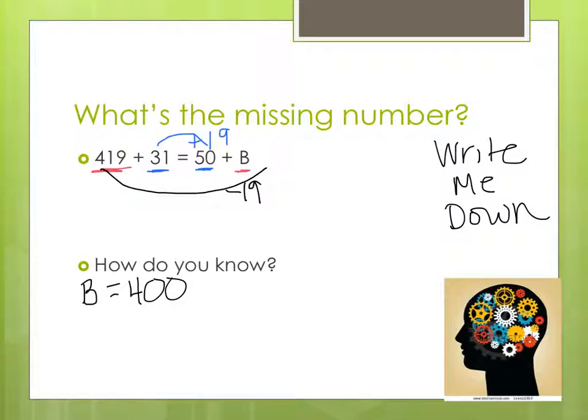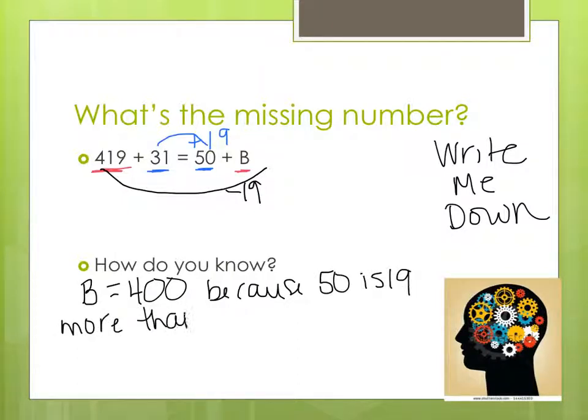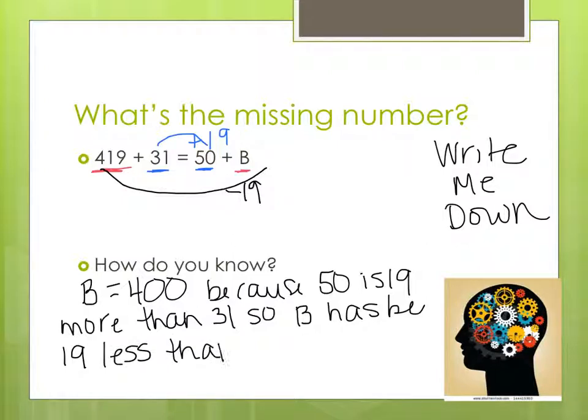And I know that because 50 is 19 more than 31, so b has to be 19 less than 419. 419 minus 19 equals 400.